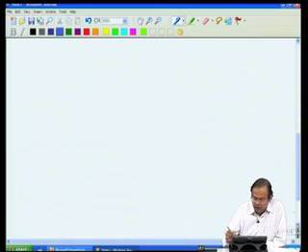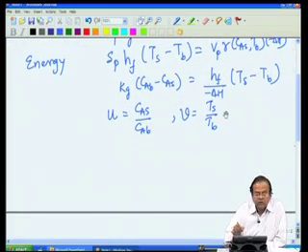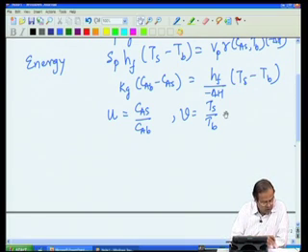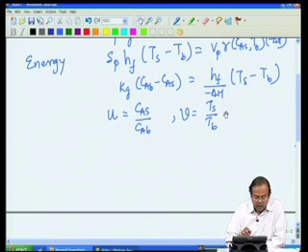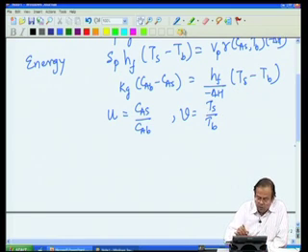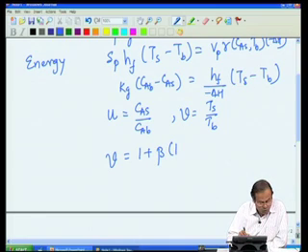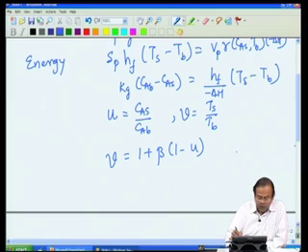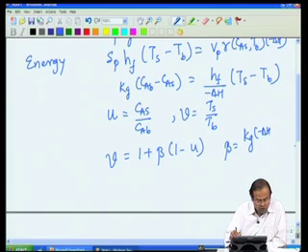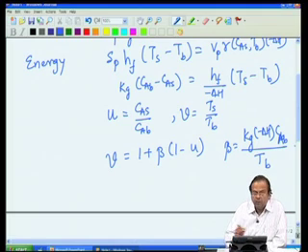So, if we do that, then we can write our mass and energy balances which we have defined over here in terms of dimensionless quantities, and by taking these two equations together, we will get V equal to 1 plus beta into 1 minus U, where beta is kg into minus delta H into CAB divided by Hf into bulk temperature.